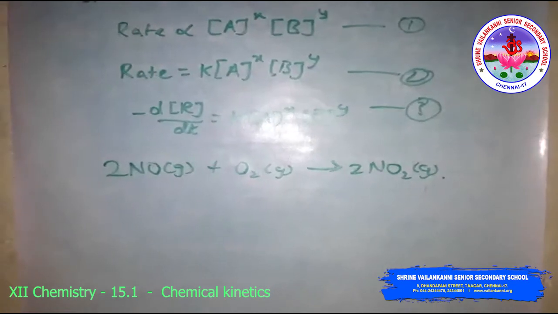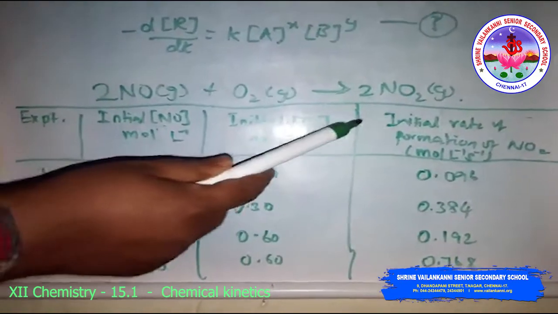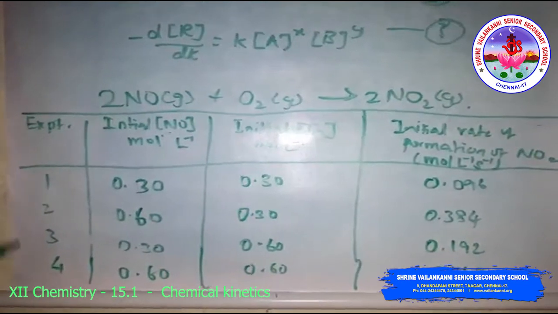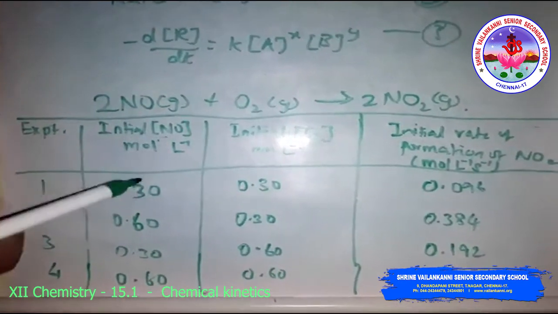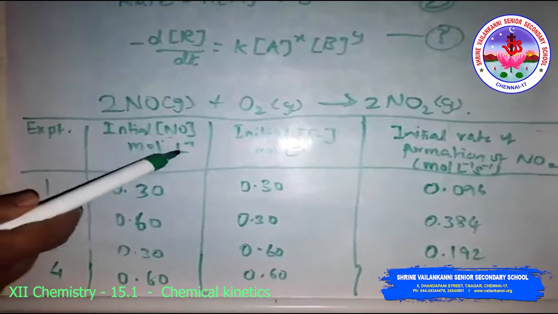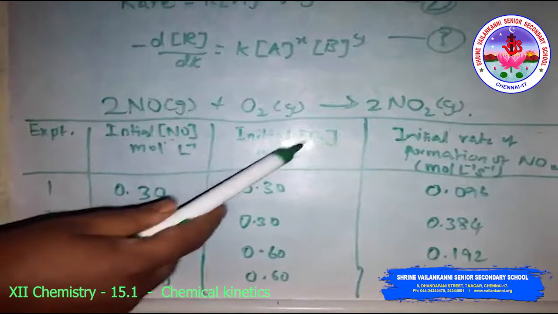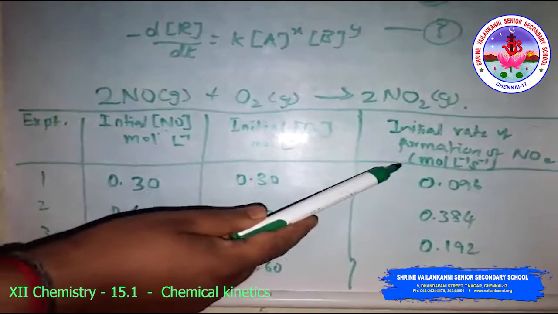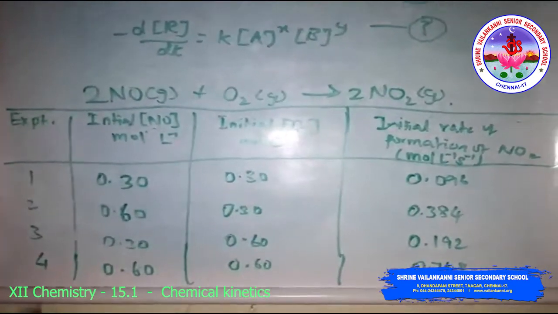Okay, we'll see now. This is the initial rate of formation of nitrogen dioxide. This is the experimental initial concentration of nitrogen monoxide, the unit is mole per liter. Then the initial concentration of oxygen in mole per liter, and the initial rate of formation of NO2 in mole per liter per second. So different values are obtained.